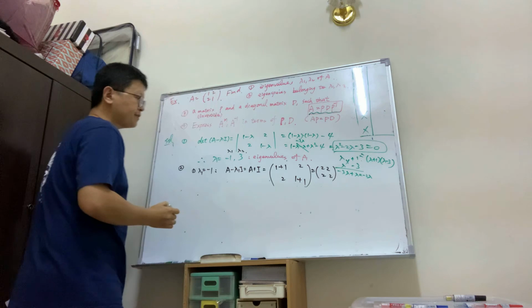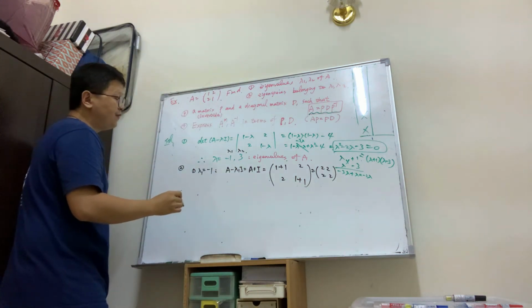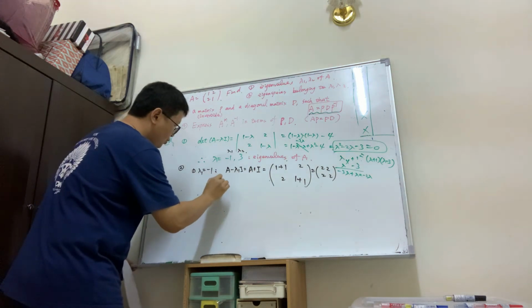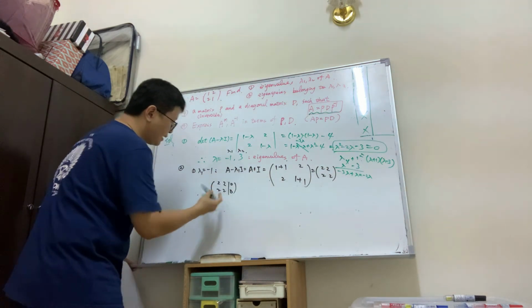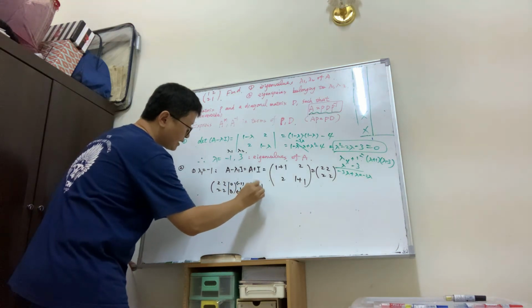What is the solution set? We want to find its eigenspace, so we solve 2, 2, 2, 2 with right-hand side 0, 0, and we cancel one row.